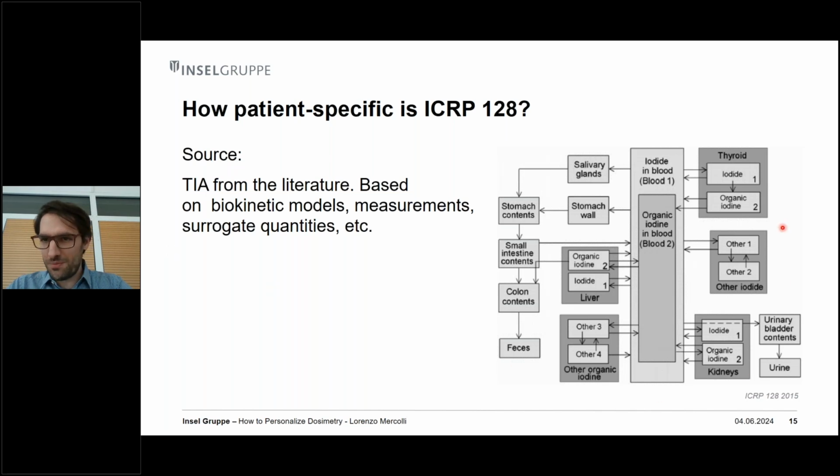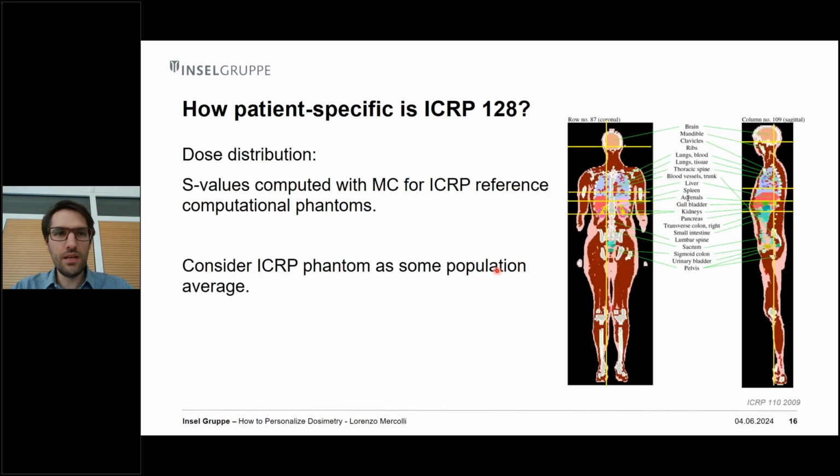So here I put, for example, their biokinetic model for iodine. So they do all these calculations. Sometimes it's also based on measurements. Sometimes it's also some surrogate quantities like blood flow. So this is somehow an average time integrated activity that the ICRP gets mostly from the literature or through their own calculations.